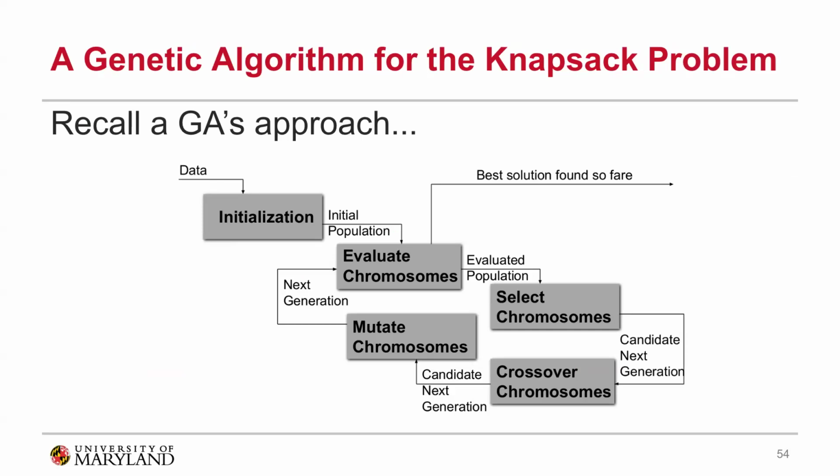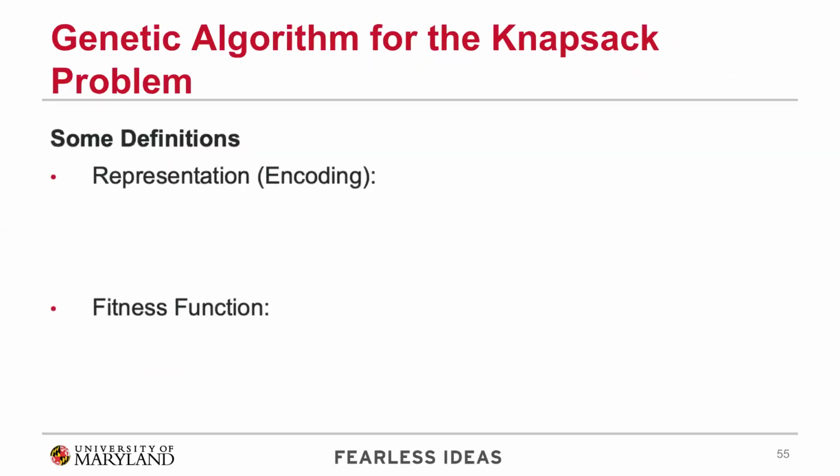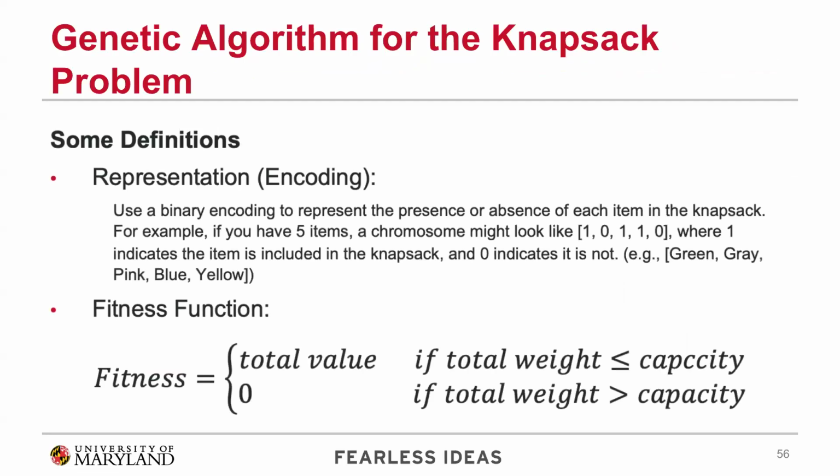The first step in order to solve a problem with a genetic algorithm is to initialize your population, meaning that you have to formulate how to represent the chromosomes.